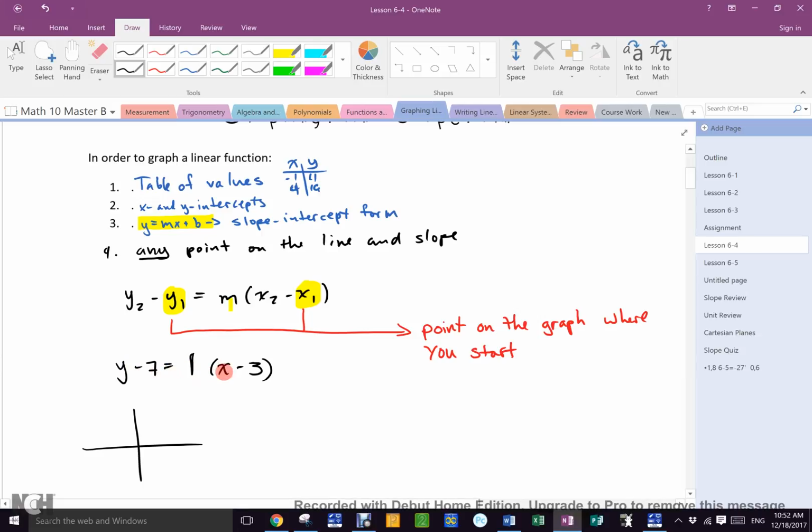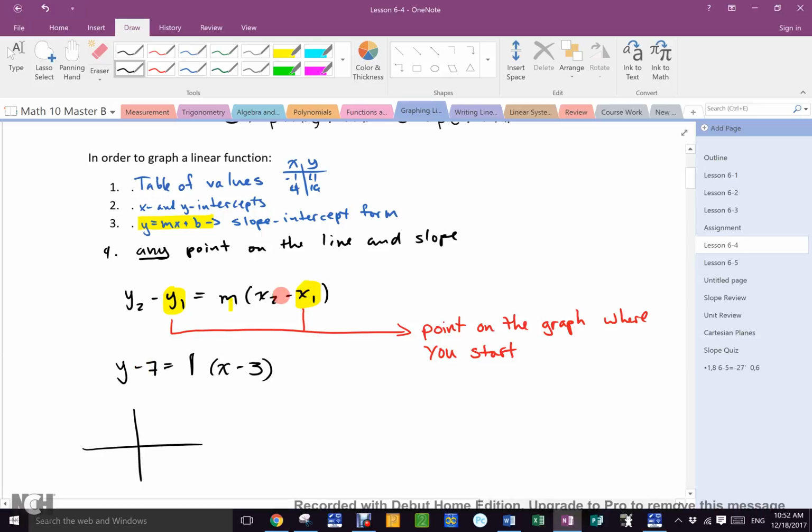If I use the same number, for example, 4 minus 3 is 1, 4 minus 7 is -3. Does 1 equal -3? No. So I can't do that. What else could I try? Zero minus 3 is -3. 0 minus 7 is -7. Does -7 equal -3? No. So it can't be 0.